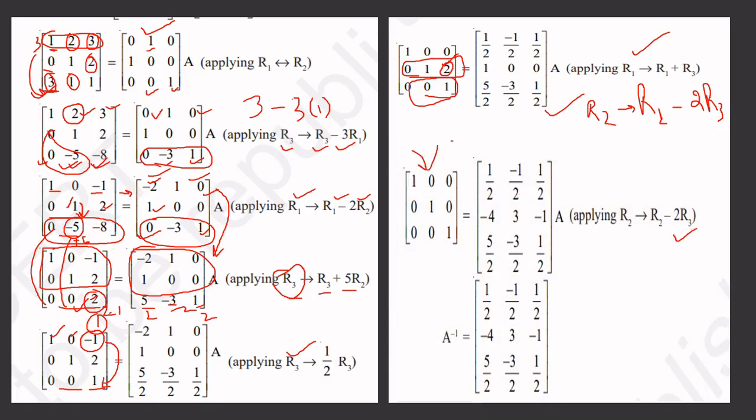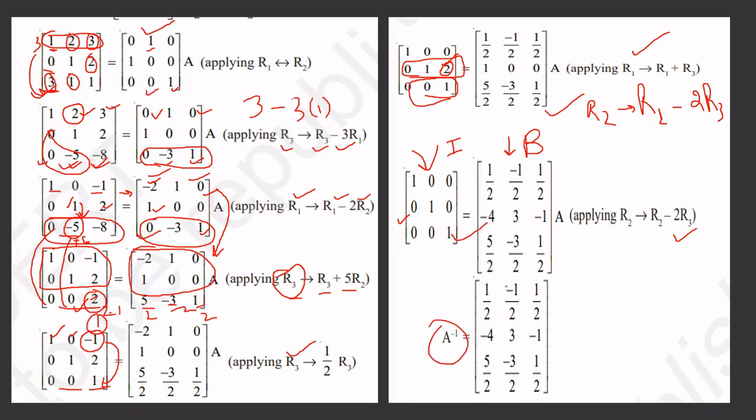Now we have made this matrix like an identity matrix: all the diagonal entries are 1 and all other elements are 0. This matrix is the B matrix, which is equal to the inverse of this. Now this is our answer, A inverse.